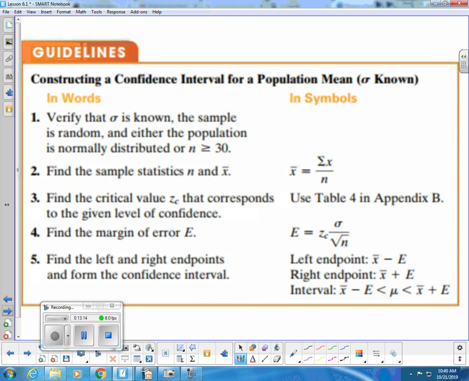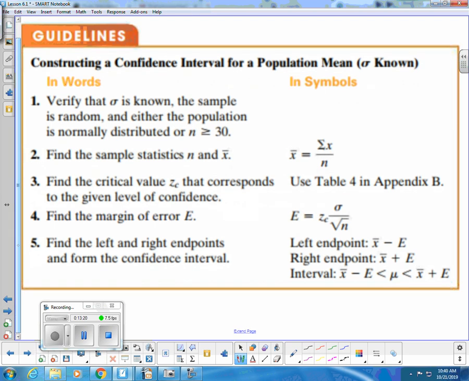If you don't have it, if they give you a table of numbers, you have to find that sample mean. Find the critical value z sub c that corresponds to the given level of confidence. And again, we're going to use this formula, or the formula in this little chart, if it's not one of the three we're going to have memorized. Find the margin of error, and then you're going to add or subtract it from the sample mean.